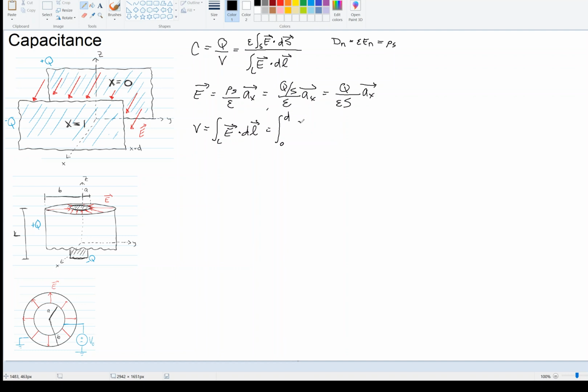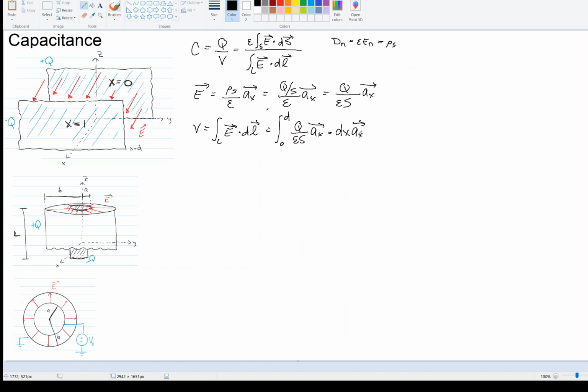So the electric field is q over epsilon s ax, dotted with dl. So what is dl in this case? Well, we're going along the x direction, and we talked about this way back when we covered vectors. This is dx in the x direction.